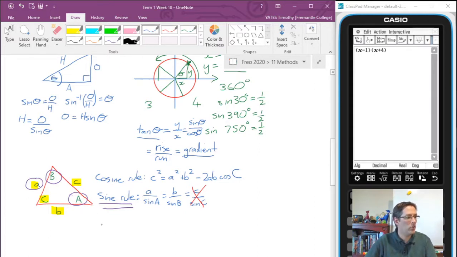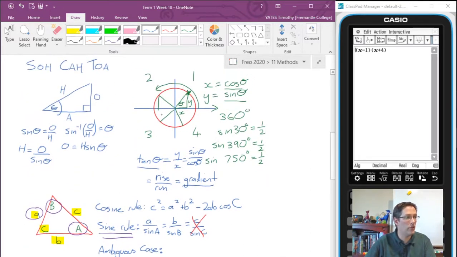And it also mentions something called the ambiguous case. Now this ties back into our unit circle up here. The thing about the unit circle is that if we've got an angle that's 180 degrees or under 180 degrees, if it's a sine angle, remember that sine is the y-axis here, we can't tell which way that angle is pointing, if it's less than 90 degrees or if it's greater than 90 degrees.